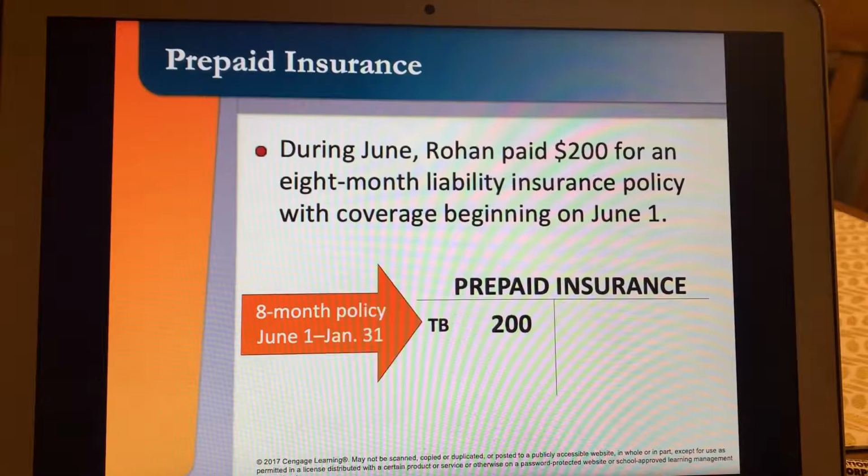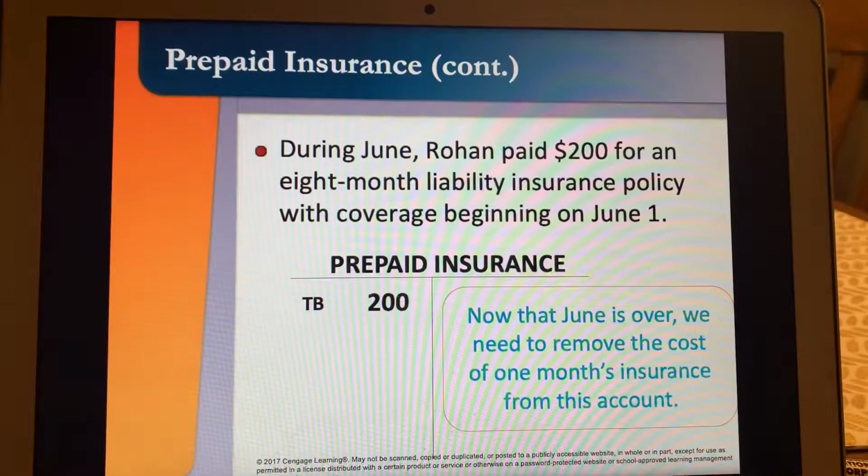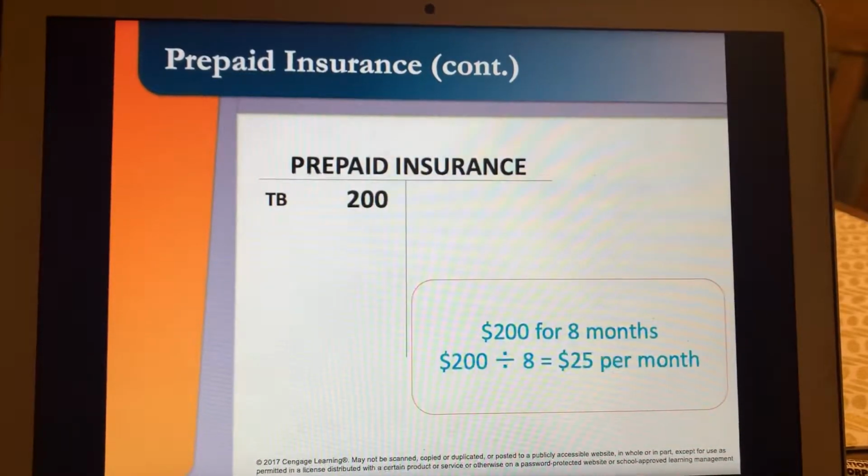Rohan paid $200 for an 8-month liability insurance policy with coverage beginning on June 1. So prepaid insurance is debited for $200. There was probably also another entry for cash that was a credit because we pulled cash out and paid our insurance. Now that June is over, we need to remove the cost of 1 month of insurance. We take 200 divided by 8, which is $25 per month.